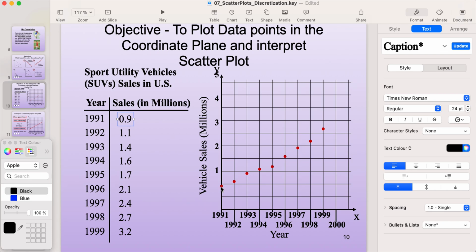So that's why the first point is exactly here, as it has values of 1991 and 0.9. X is equal to 1991 and y is equal to 0.9, and that is why this point is in this exact location.